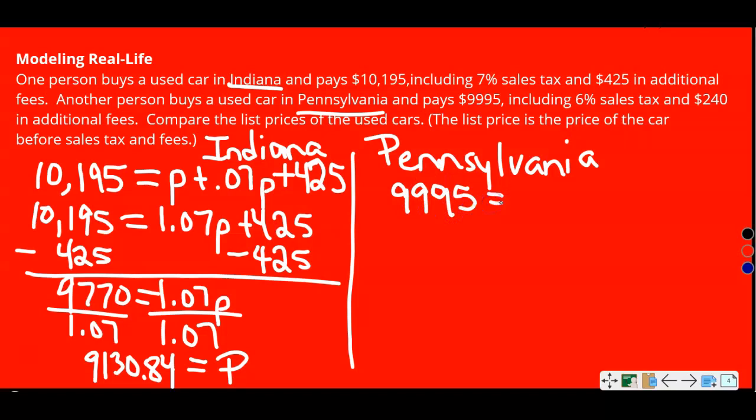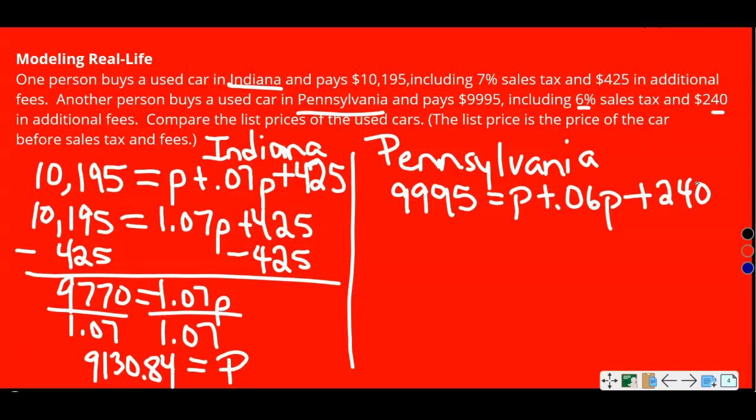That's the total cost of the car, and that includes a 6% sales tax and $240 in fees. So again, that's going to include the price of the car and the sales tax. This time the sales tax is 6%, so it's going to be 0.06. Change your percent to a decimal times the price of the car, because you're paying the sales tax times whatever the price of the car was, and then plus your fees. This time the fees were $240.